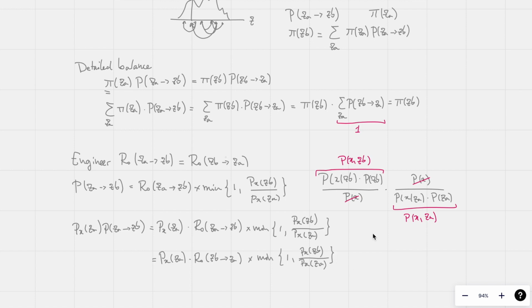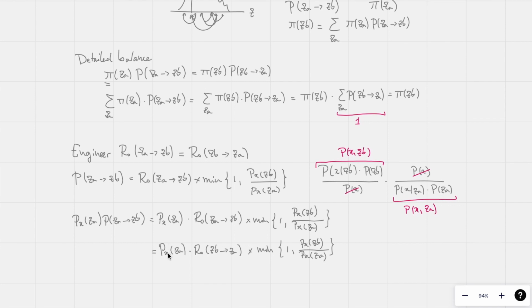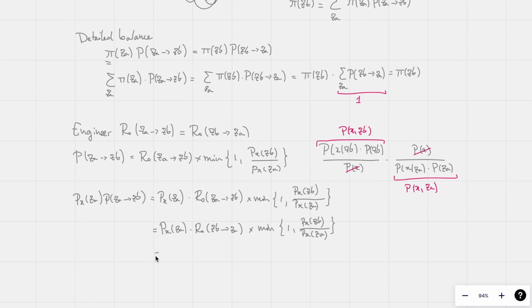And now this is interesting to observe that this is the same as P(x, Zb) here, the second term does not change, R0 of Zb to Za, times the min of 1 or this time the ratio of P(x, Za) divided by P(x, Zb).